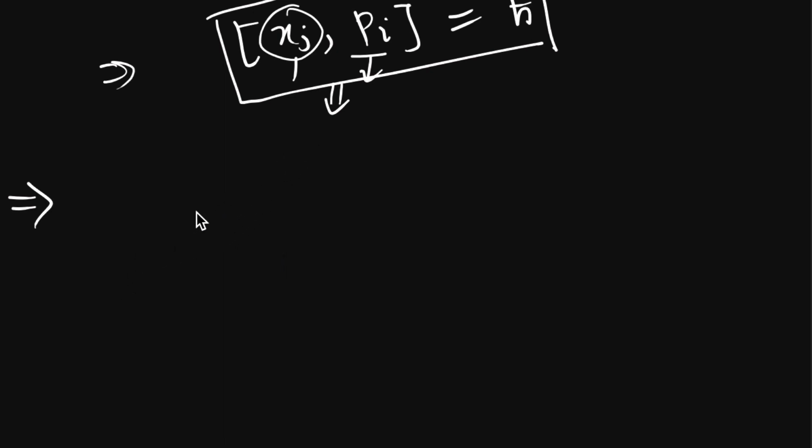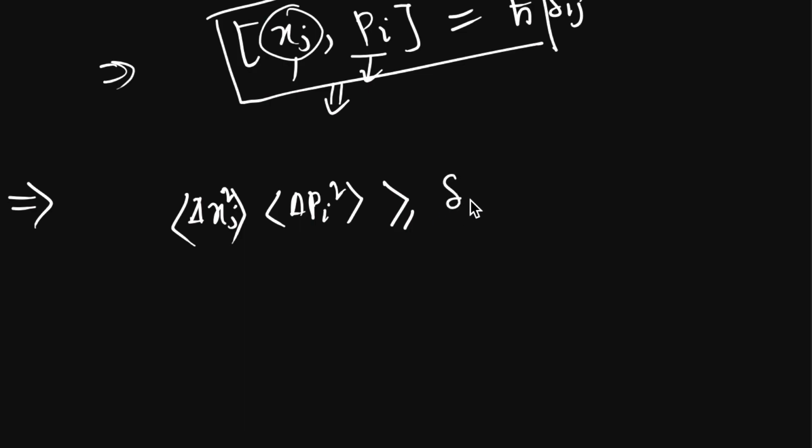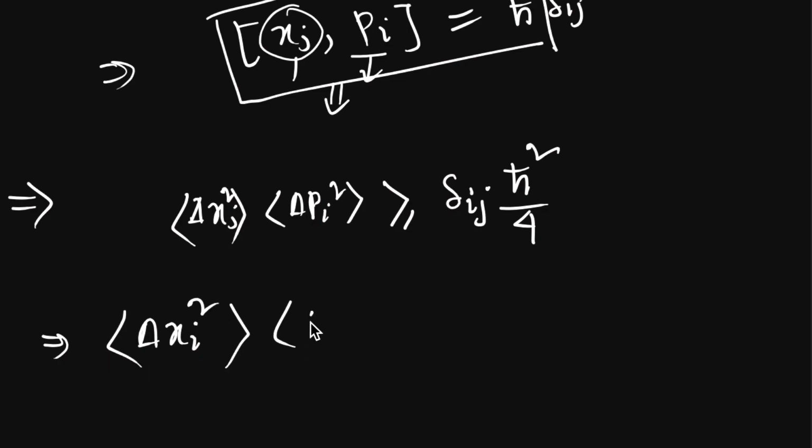That uncertainty relation will be delta x_i square into delta p_i square should be greater than or equal to delta ij h cut square by 4. That means delta x_i square delta p_i square should be greater than or equal to h cut square by 4.